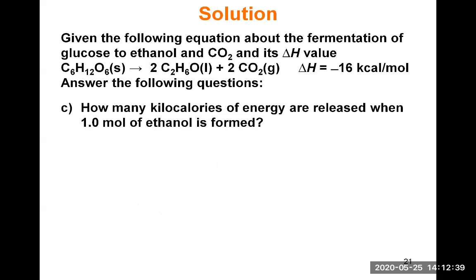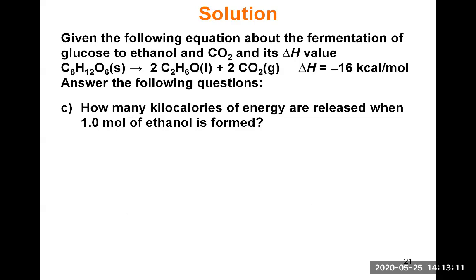And so let's look at question C now. How many kilocalories of energy are released when 1 mole of ethanol is formed? So this time we are not looking at moles of glucose that get fermented, but we are looking at moles of ethanol that are being formed. And here it's asking how many kilocalories of energy are released when only one mole of ethanol is formed.